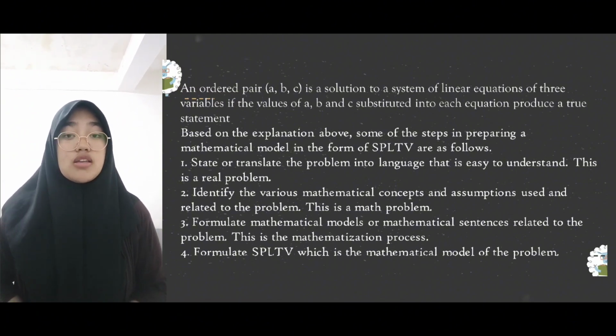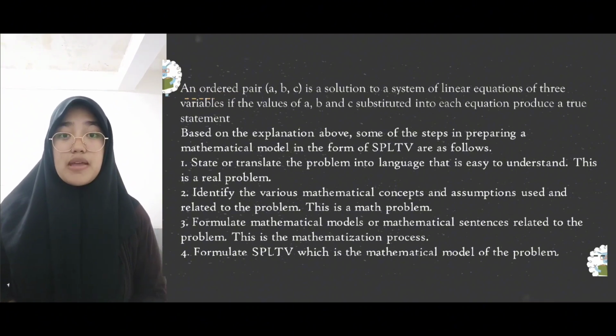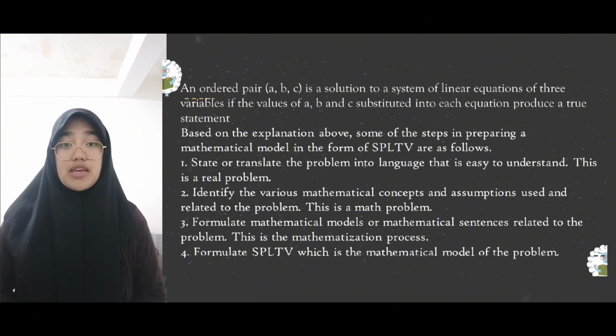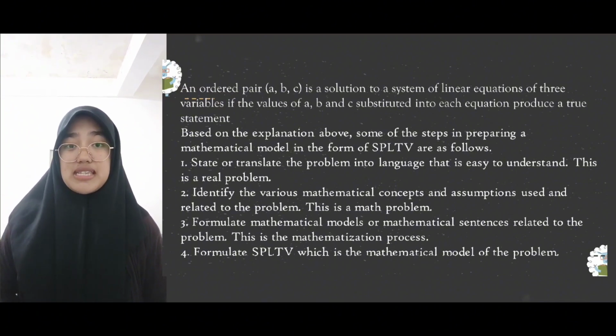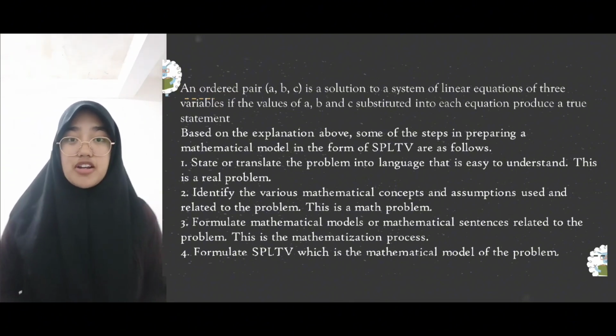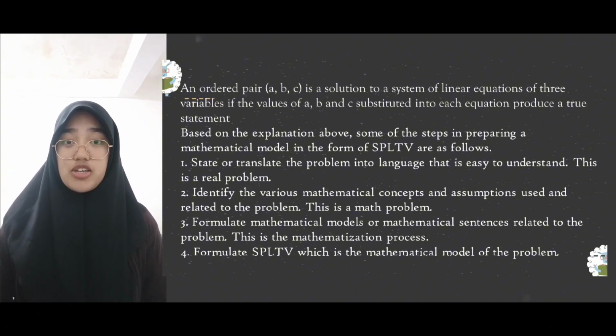Based on the explanation above, some of the steps in preparing a mathematical model in the form of an SPLTV are as follows. 1. State or translate the problem into language that is easy to understand. This is a real problem. 2. Identify the various mathematical concepts and assumptions related to the problem.